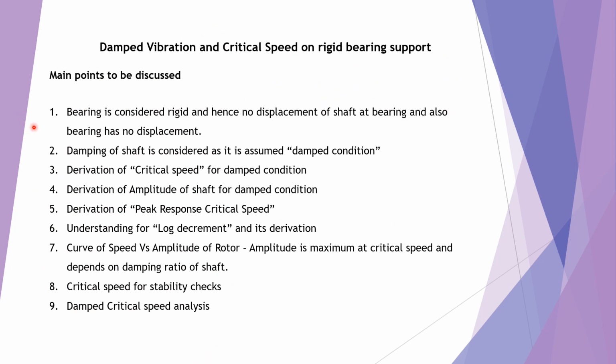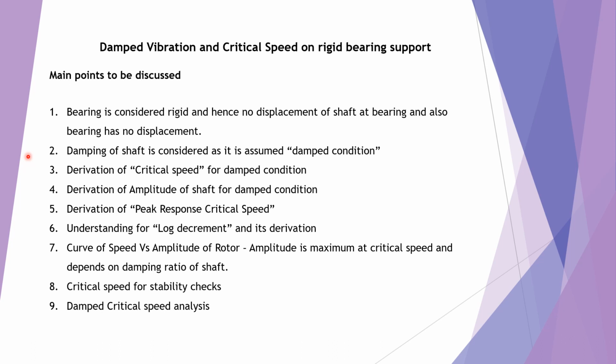Main points to be discussed for damped vibration on rigid bearing supports. As the bearing is considered rigid, displacement of the shaft is not considered at the bearings, and the bearing itself has no displacement. Damping of the shaft is considered as it is a damped condition.